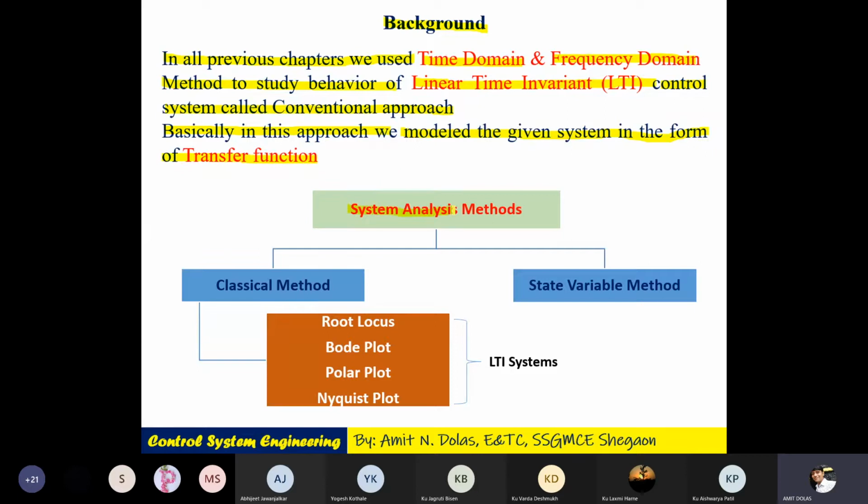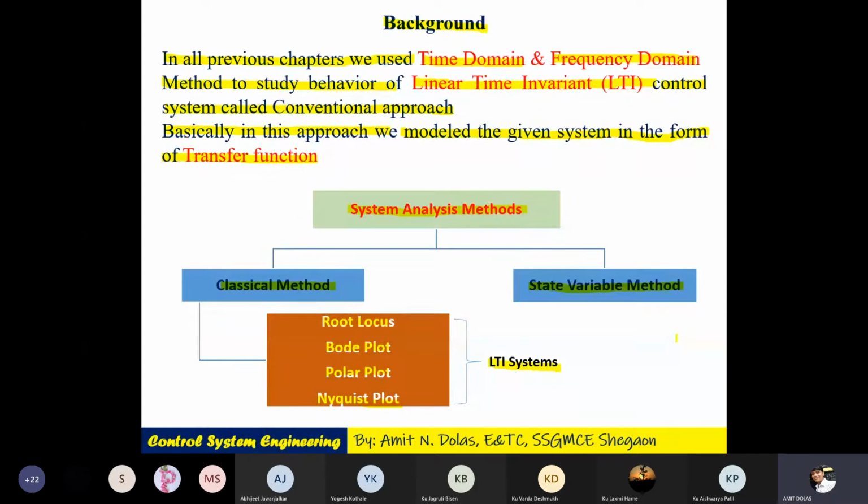There are basically two methods of system analysis. One is classical. Under the classical or conventional method, you have used root locus, transfer function, Bode plot, polar plot, Nyquist plot, and these are applicable mainly to linear and time invariant systems. But the state variable method can be applied to MIMO, that is multiple input, multiple output.